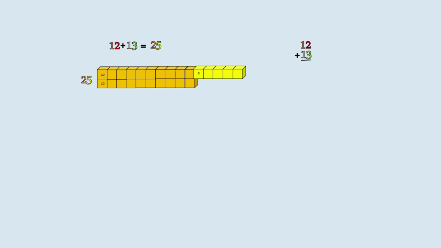Children are taught that the first digit in each of these numbers, the 2 ones, are in the tens column, and the second digits, the 2 and the 3, are in the ones column. This is sometimes referred to as the place value of the digits. The digit in the ones column shows how many ones the number has, and the digit in the tens column shows how many tens it has.